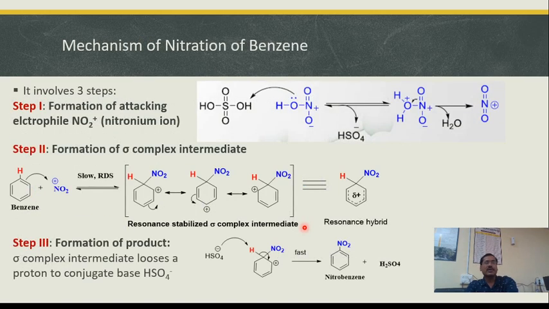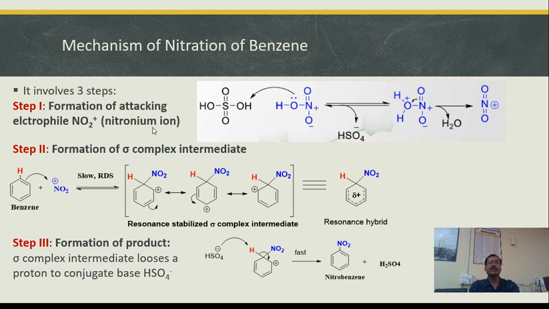Now let us have a look at the mechanism. The mechanism is very similar to the general mechanism of aromatic electrophilic substitution. Herein there are three important steps, and these steps are very common. The first is the formation of the attacking electrophile, which may change from case to case. In case of nitration, it is the nitronium ion. Have a look at the word nitronium ion.